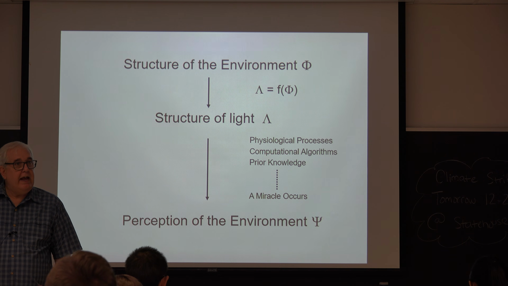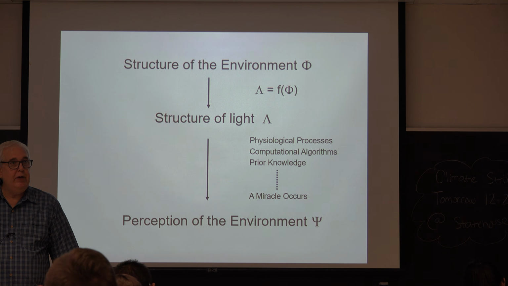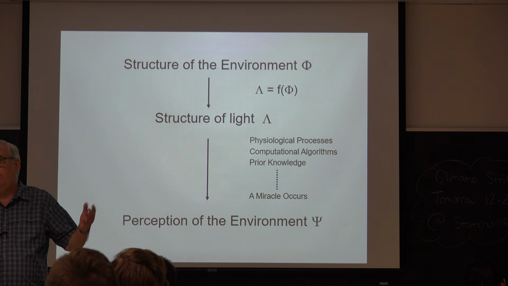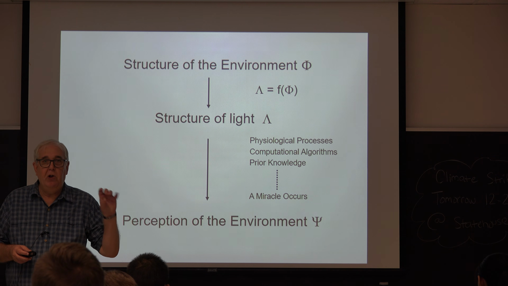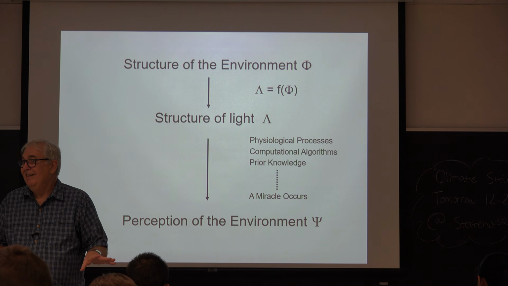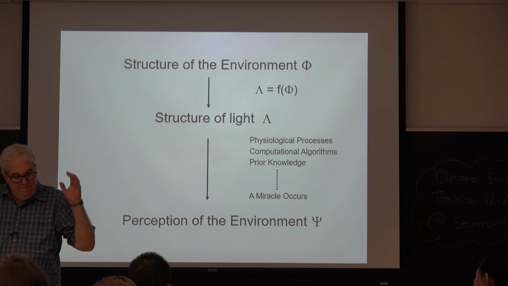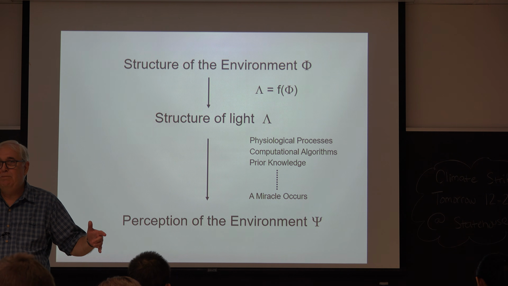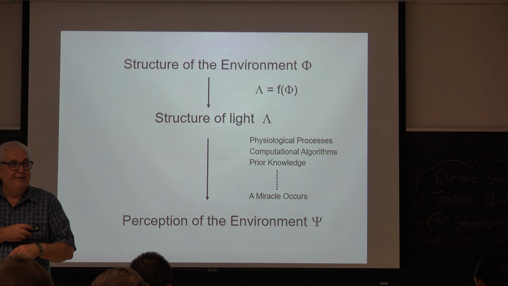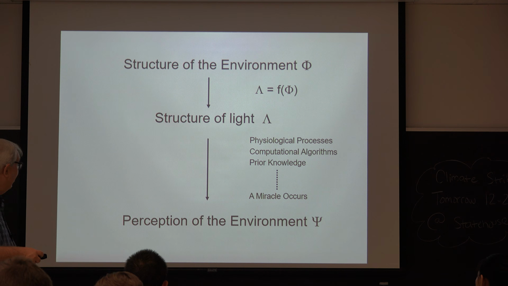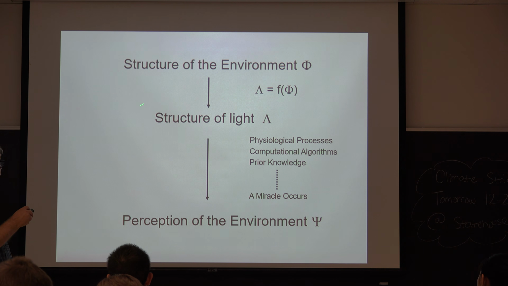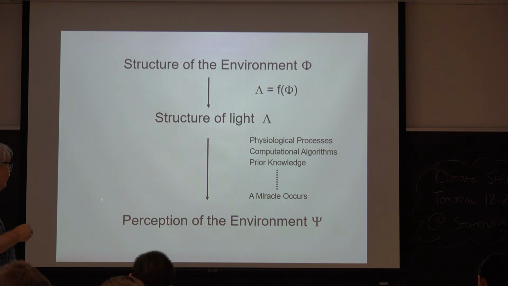But we don't have direct access to the world. All we have access to, at least with respect to vision, is patterns of light on the back of our retina. All right, so the big problem that people have been wrestling with for a very long period of time is how we go from the structure of the light on the back of the eye to some perception of the 3D environment. Where does that perception come from?